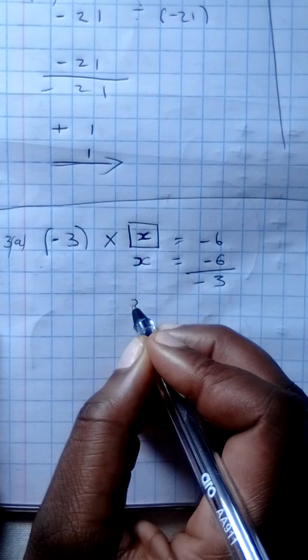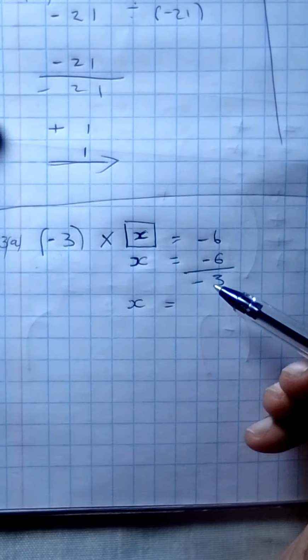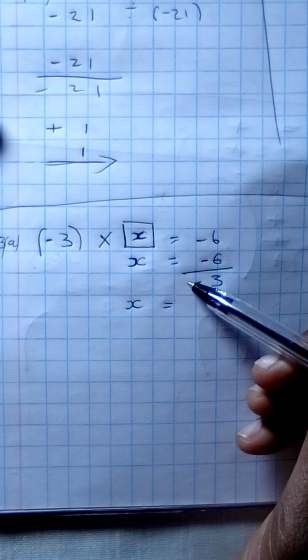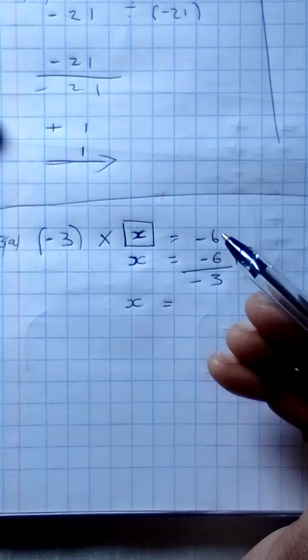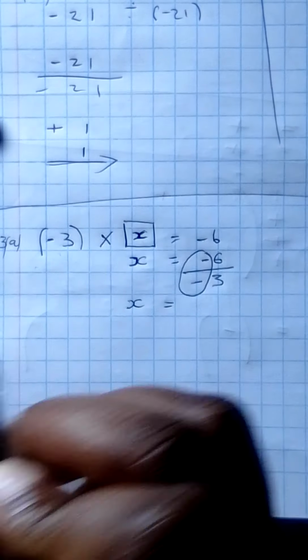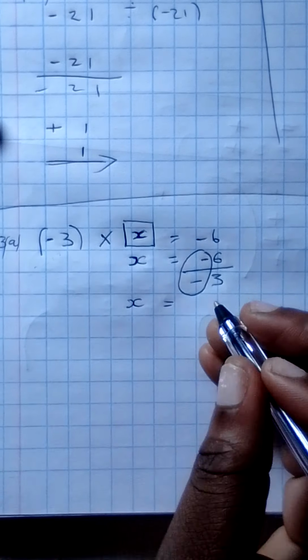So our x is equals to, okay, now we are dividing two numbers, minus 6 dividing by minus 3 with same sign, minus and minus, these ones, right? So our answer is gonna be positive, right?